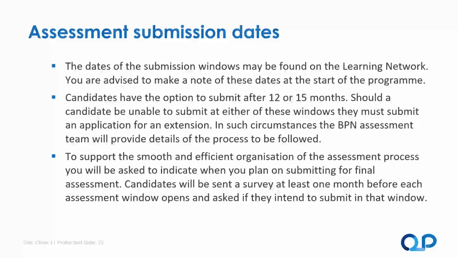We do advise that you try and complete within the 15 months. However, there are circumstances when that isn't possible, and there is an additional window at approximately 18 months. And as it says there, then you would apply for that because of the circumstances. So you're aiming for that 15-month window.